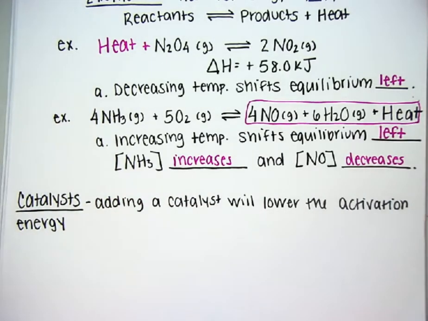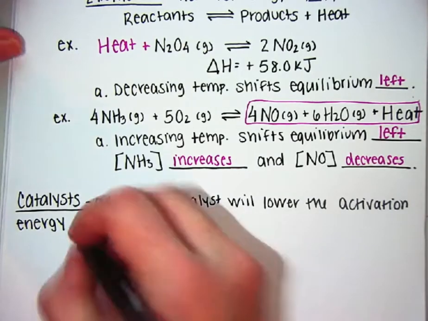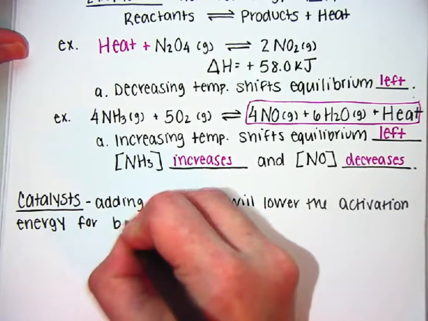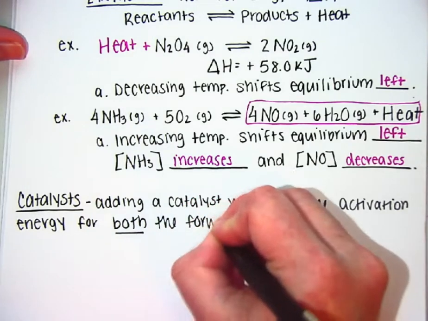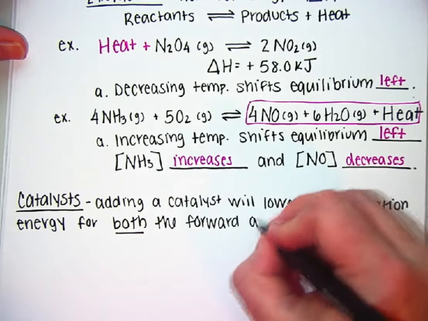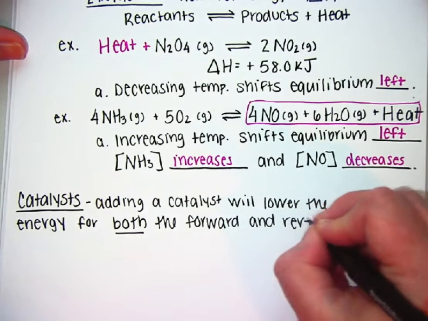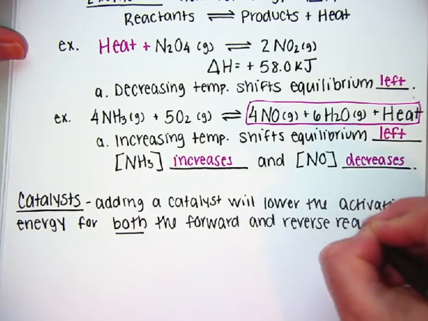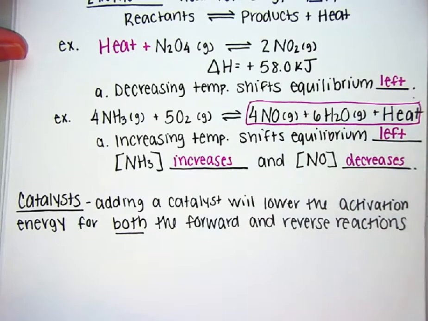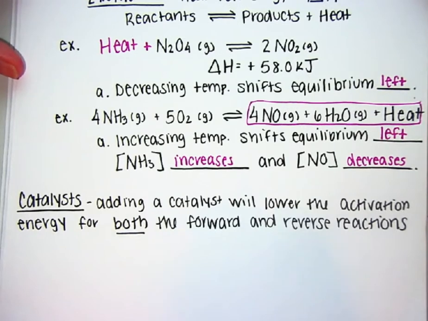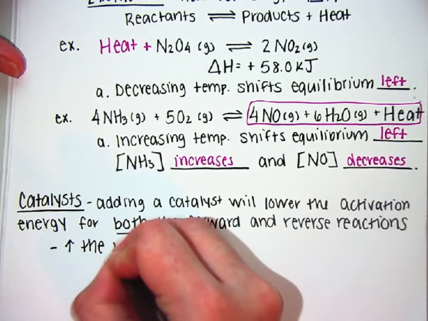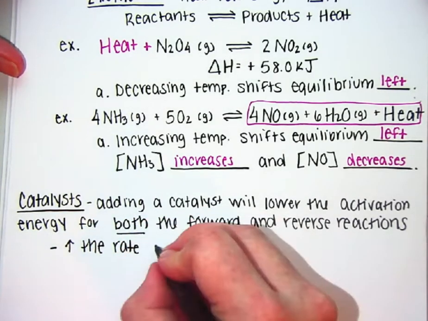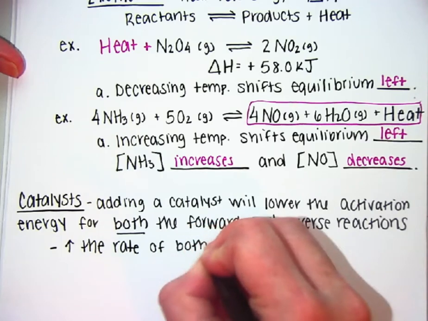Well, what happens if we add a catalyst to a reversible reaction? Well, it's going to lower the activation energy for both the forward and reverse reactions. So what does that mean? Well, it's going to increase the rate of both reactions.